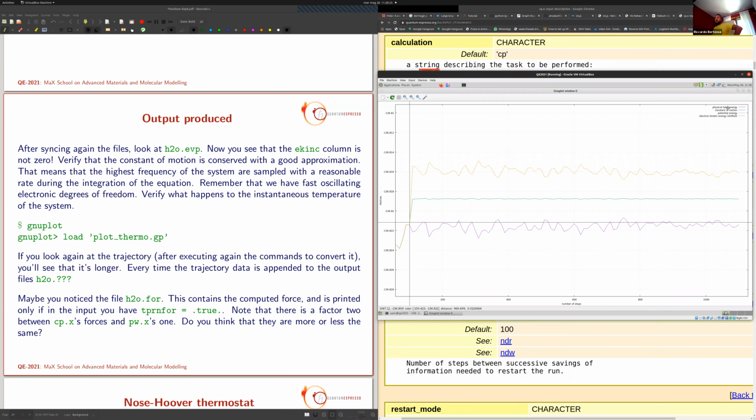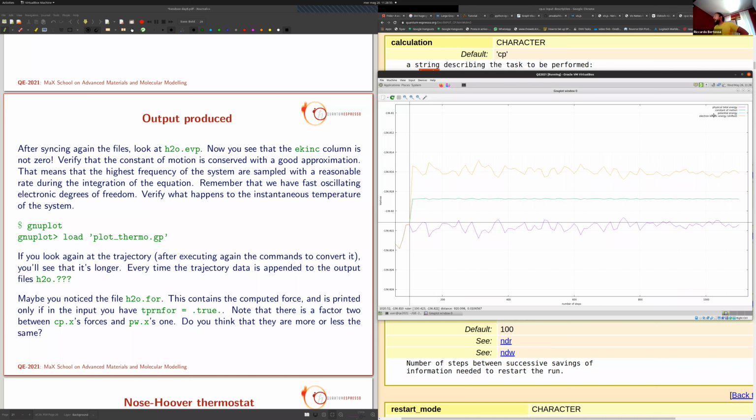Each Lagrangian has many constants of motion, and if the integration time step is small enough, this constant of motion will be constant within numerical accuracy. That means that the parameters of your simulation are good with respect to the Verlet integration. It does not mean that your simulation is good. This means that the time step, the delta t, is small enough.